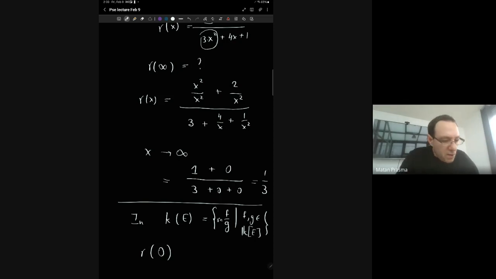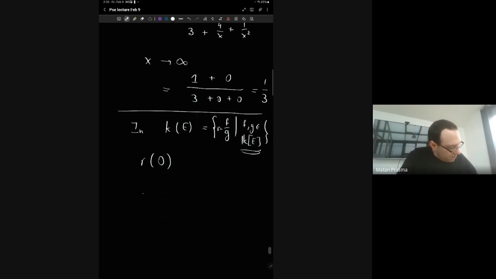And the notion of degree for polynomials over E is a bit more involved than just an ordinary degree of polynomials in two variables. Namely, the degree of F for F in K of E.